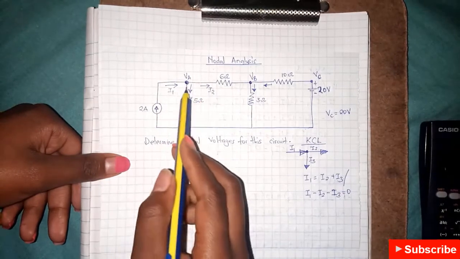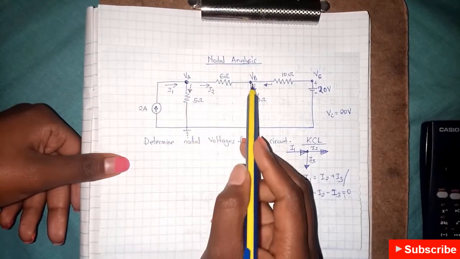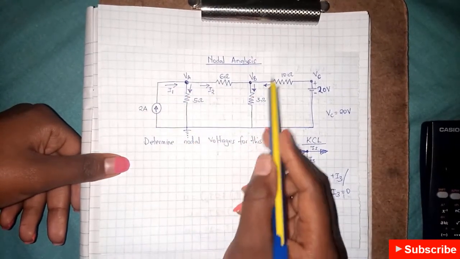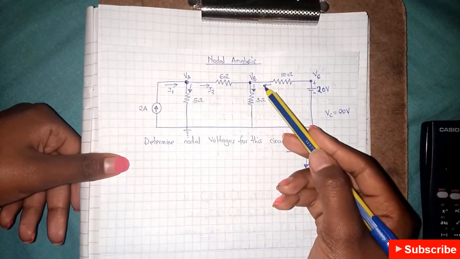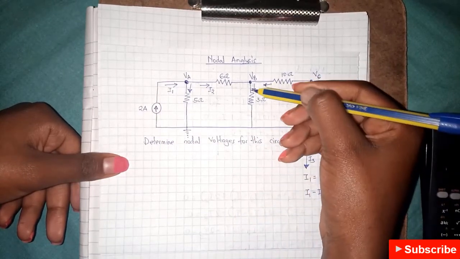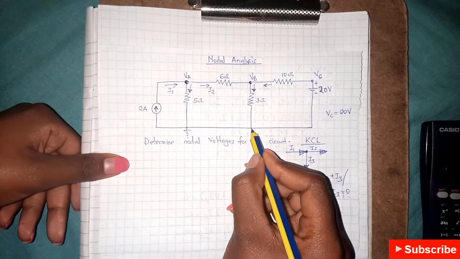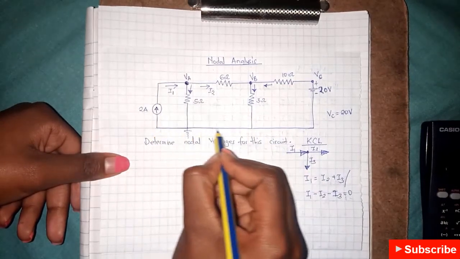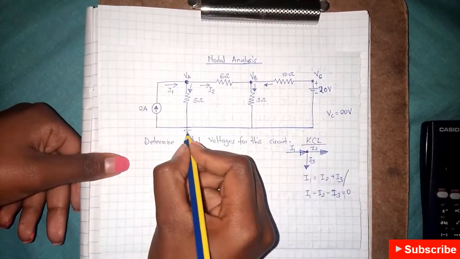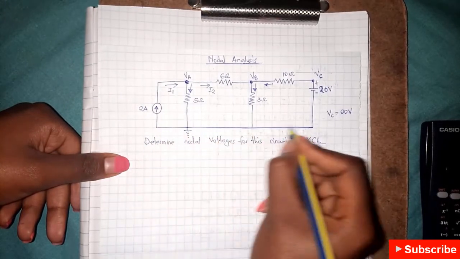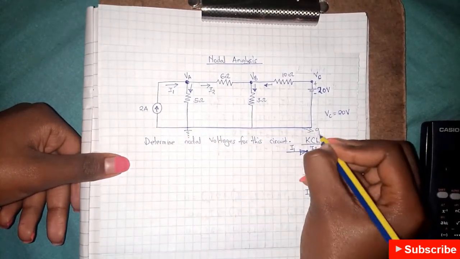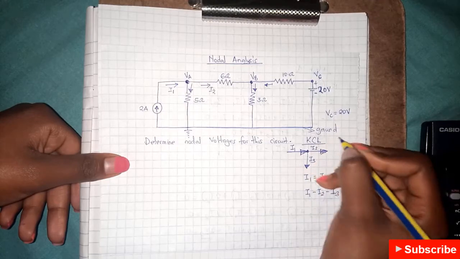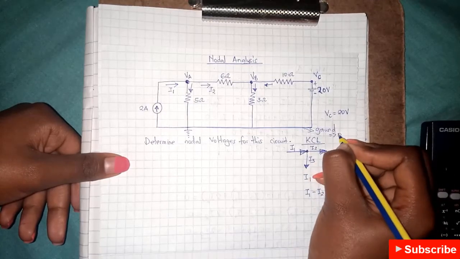So once we've identified the flow of current, I have assumed this current to be going in, and then this I have assumed to be going down because we have this as our reference. If we have a ground here, then that means we can use this as our reference, okay? And it will be 0 volts.